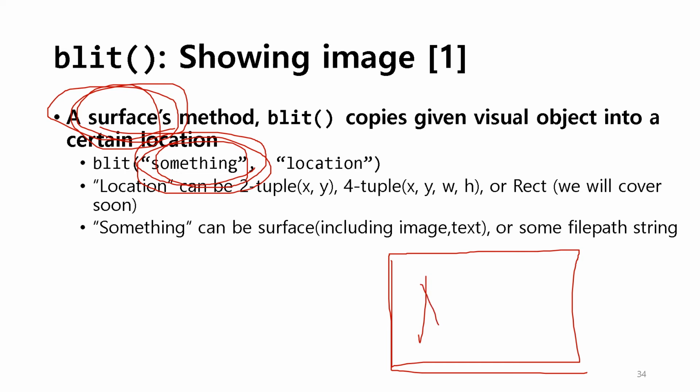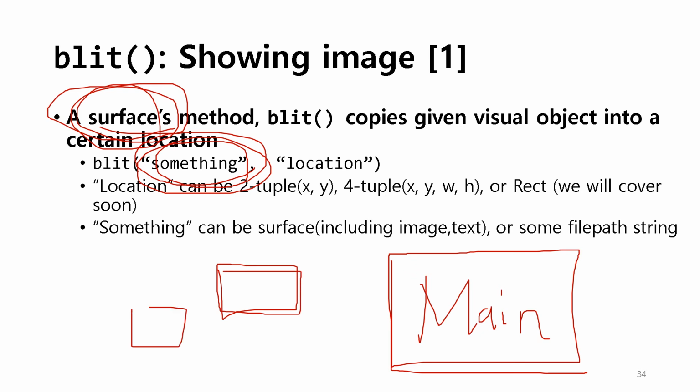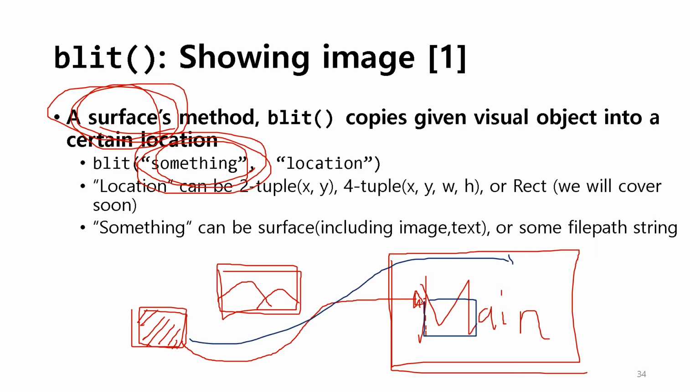This is the main surface. And there is some subsurface like this. There can be an image or just a filled color like this. Then by using the blit method, we can copy it to somewhere. It can be here or it can be here. It depends on the location, right?